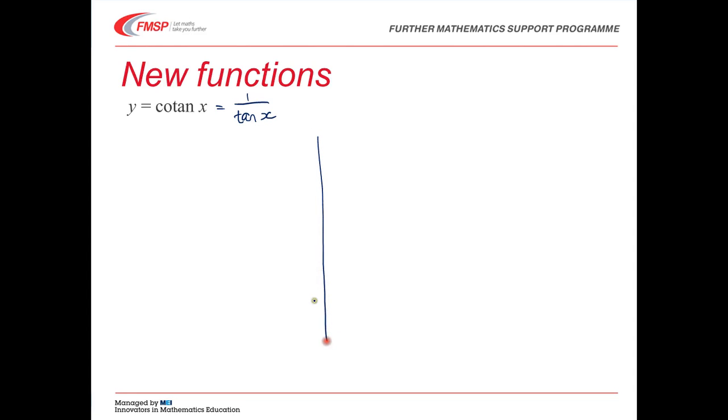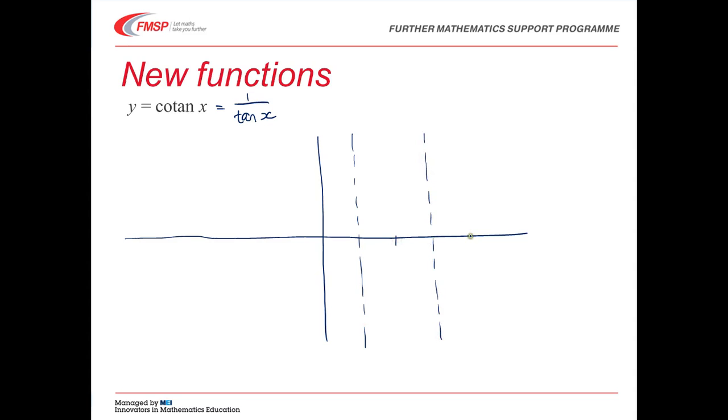This one's a little bit different from the others. Let's get our sketch of tan done reasonably carefully first, alternating asymptote and intersection, evenly spaced. And draw in tan.